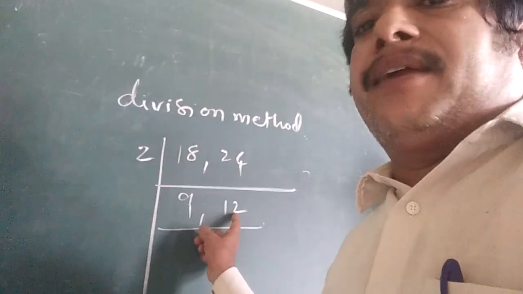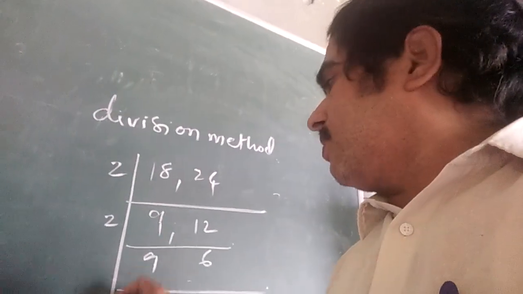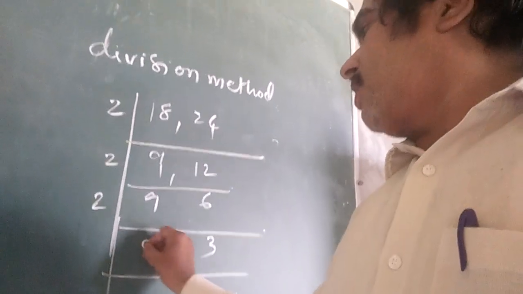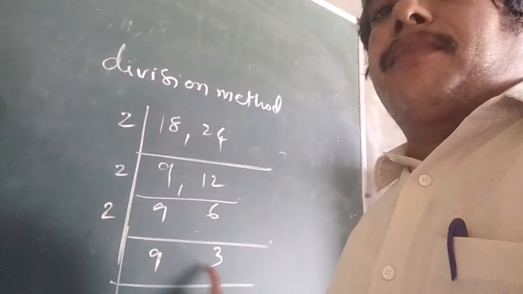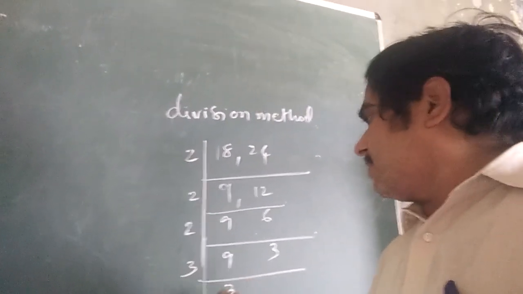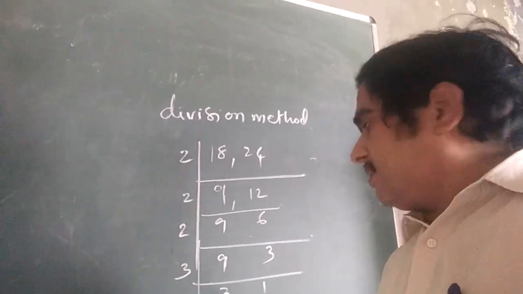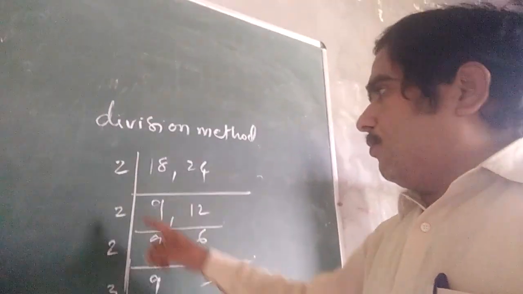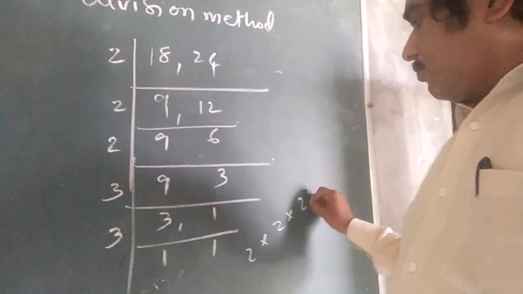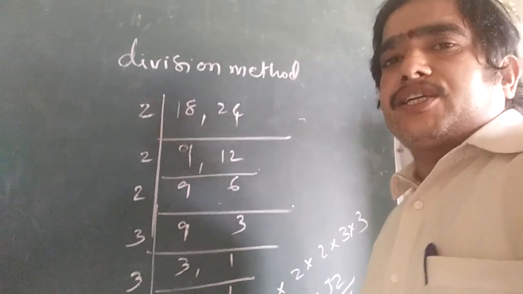Again 12 can be divided by 2: 2 6s are 12, and 9 is written as it is. In the same way, 2 3s are 6. Now these two numbers cannot be divided by 2. 3 3s are 9, 3 1s are 3, 3 1s are 3, then 1 and 1. Now multiply all this: 2 into 2 into 2 into 3 into 3. 8 9s are 72.